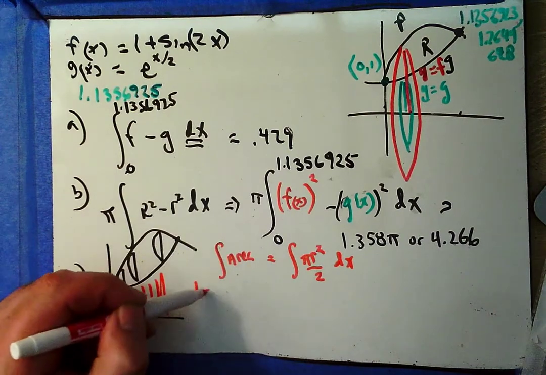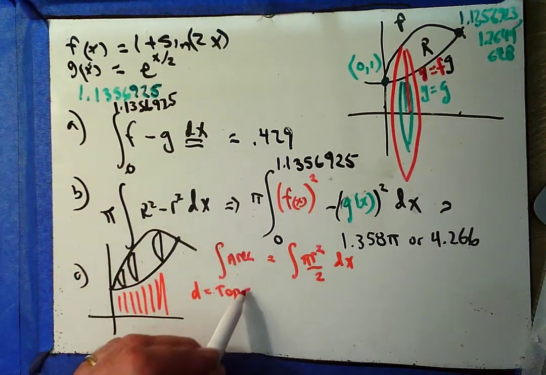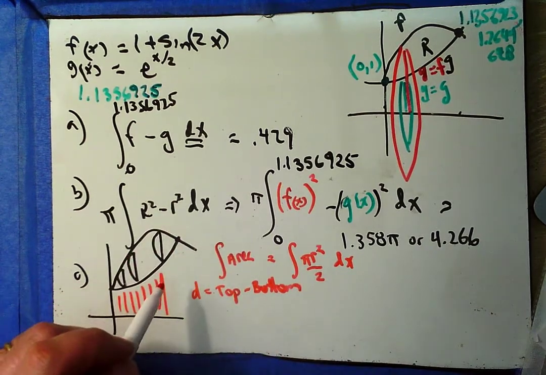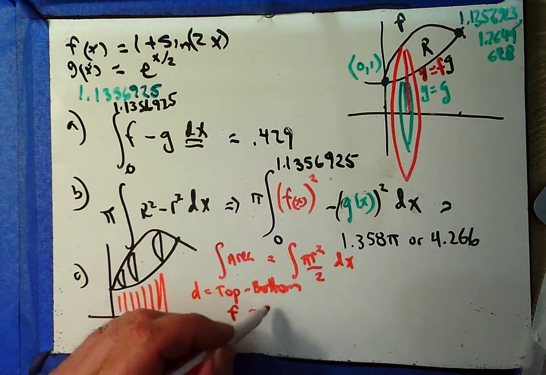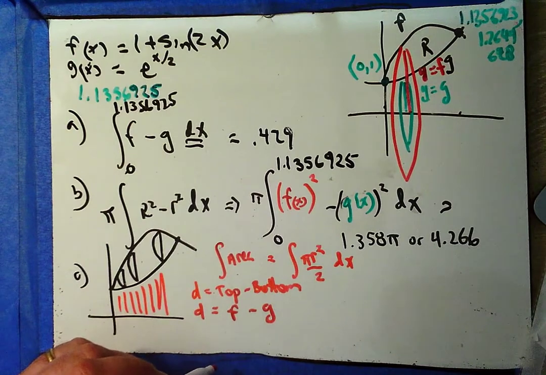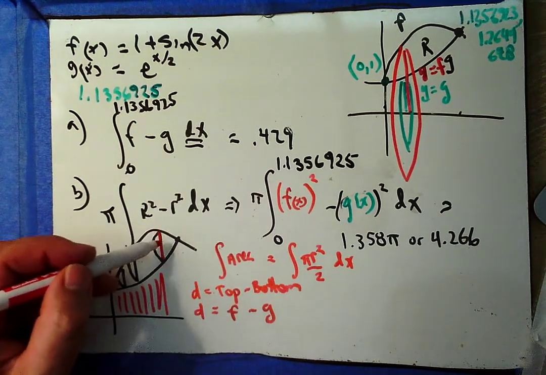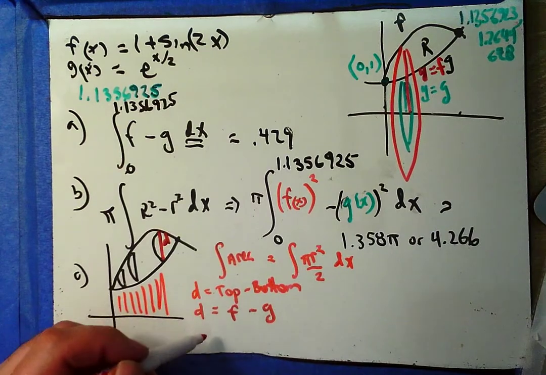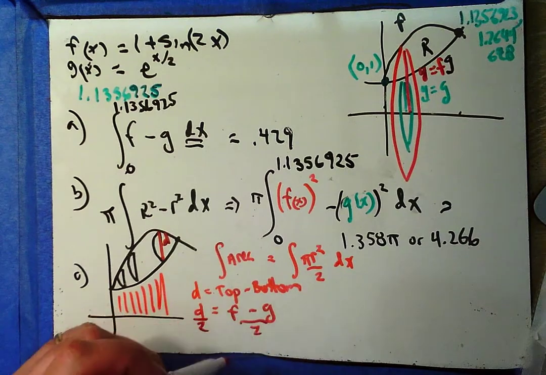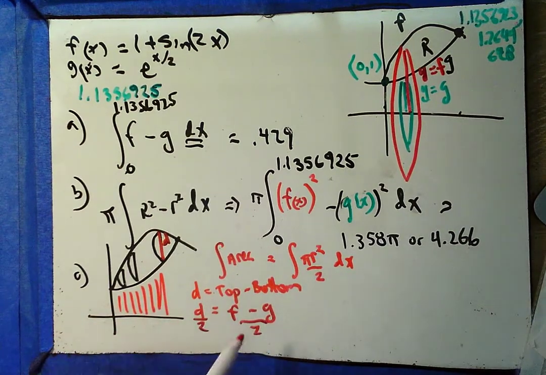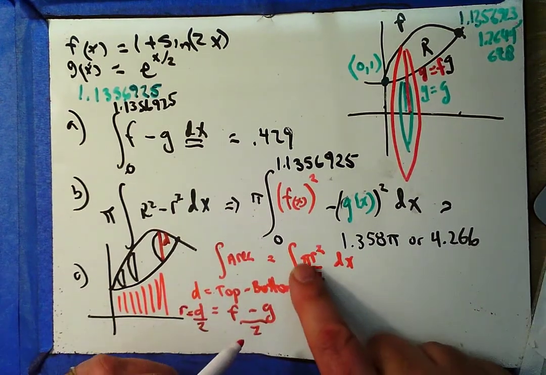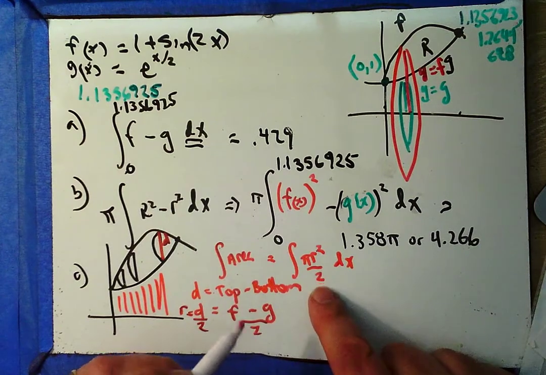Well, I see that the diameter is top minus bottom. The top curve is f, and the bottom is g, and that's the whole distance, or the diameter of that semicircle, but I want radius, so I need to divide by 2.